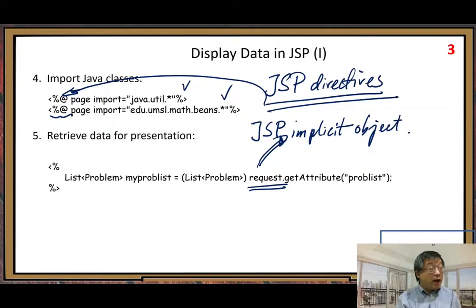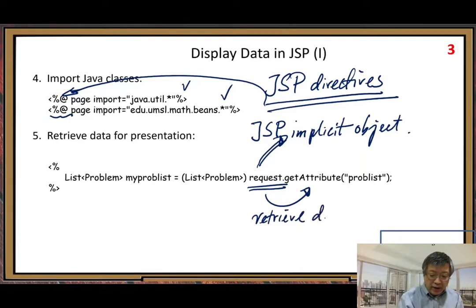The method getAttribute on request retrieves data from the request scope.